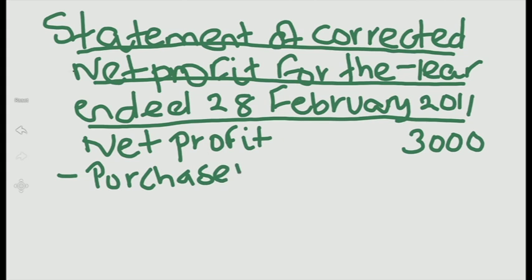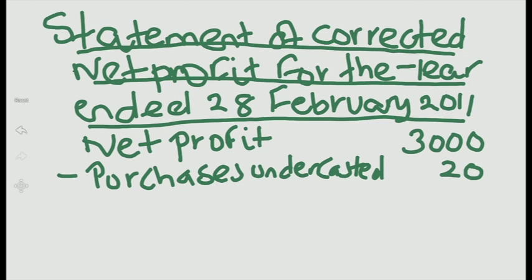Purchases undercasted, which was how much? Which was 20 Emalangeni. Did we have any other error that affected the net profit?